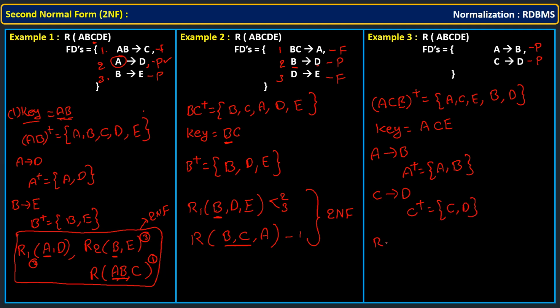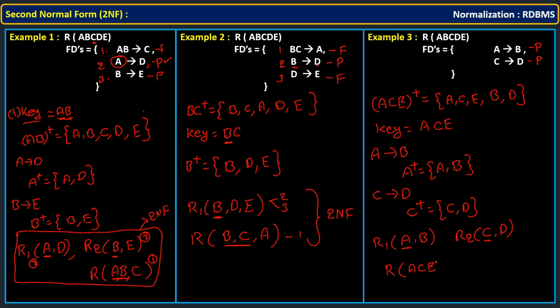Now relation R1 is going to become AB, and after dividing, A is the primary key. Relation R2 is going to become CD, and C is the primary key. Now the original table has ACE as the key.